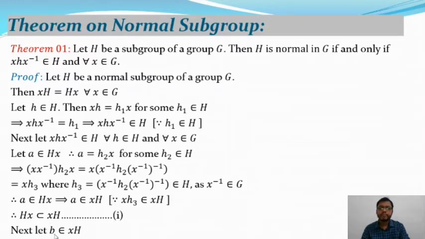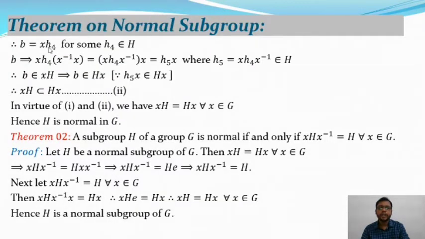Next, let b be an element belonging to xH. From this we get b is equal to xh4 for some h4 belongs to capital H, and h4 is an element belonging to capital H. Then the above equation can be written as xh4 into x inverse x, and you know that x inverse x is equal to the identity. So this can be written as xh4 x inverse into x, applying the associative property in the group.